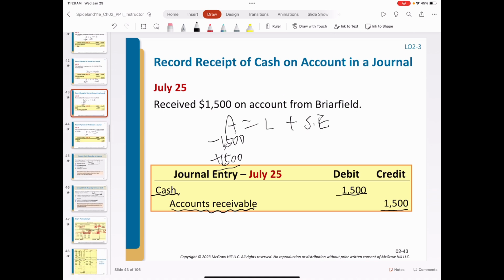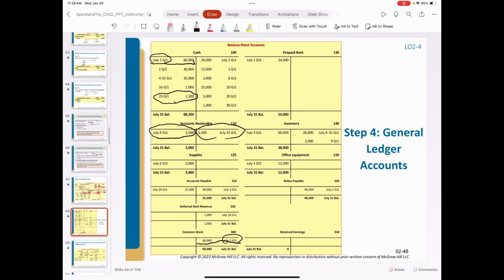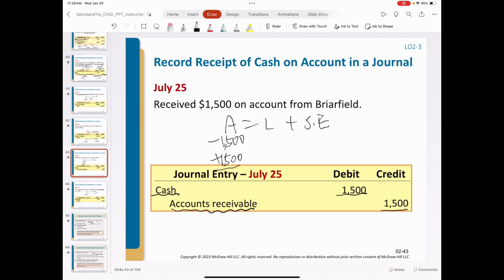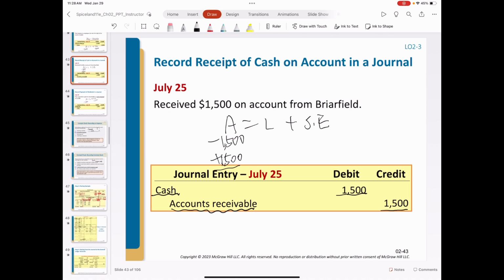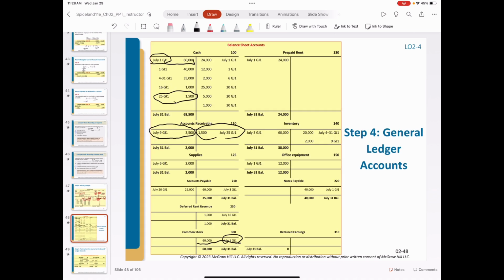When we post, we just put 1,500 in the cash account, debit side. We credit accounts receivable, so we post 1,500 on the right side of this T account, or credit side. All the numbers posted here are from the prior general journal.